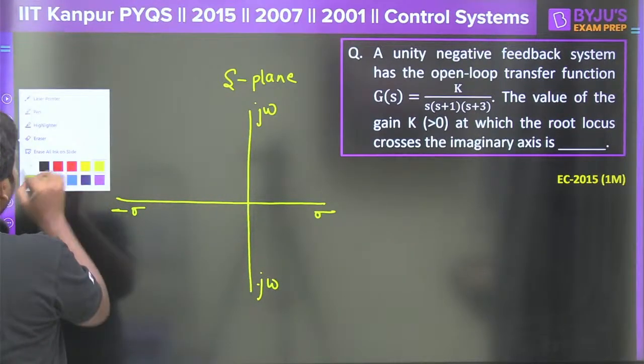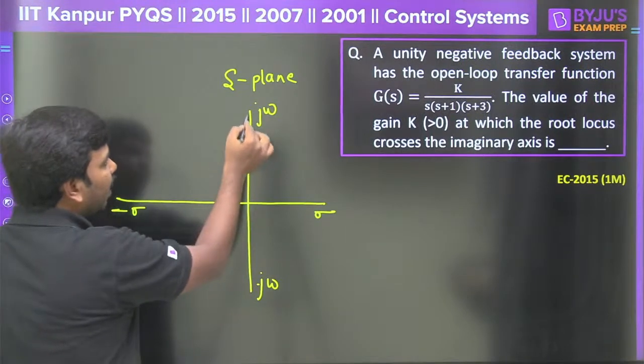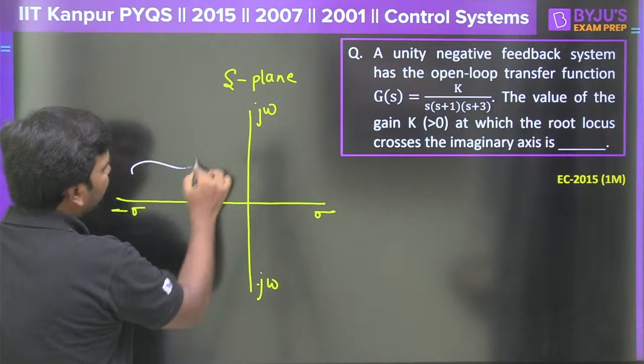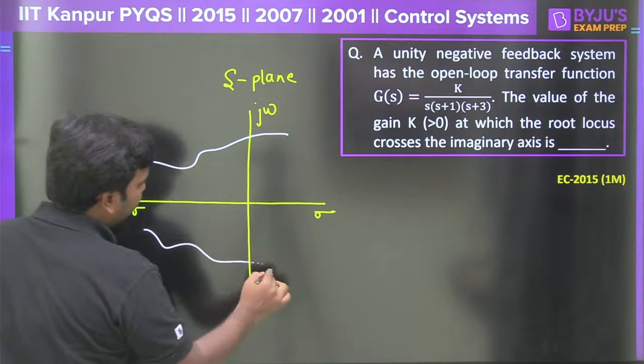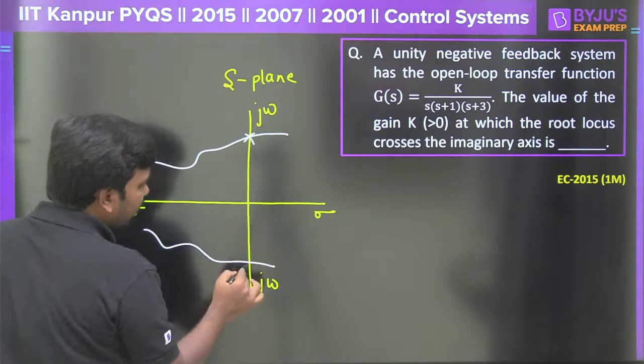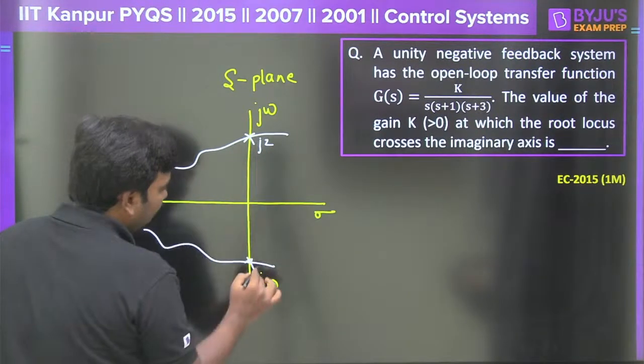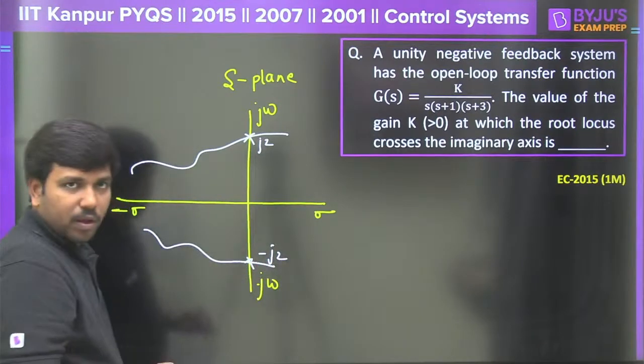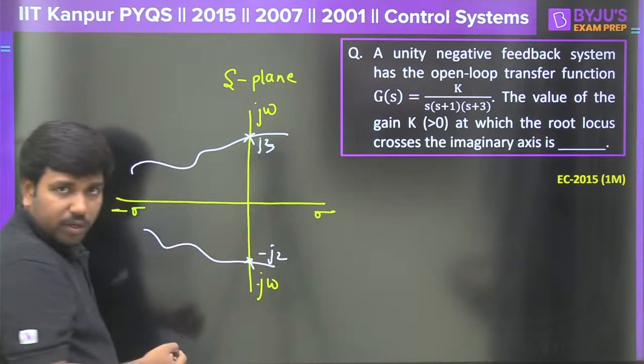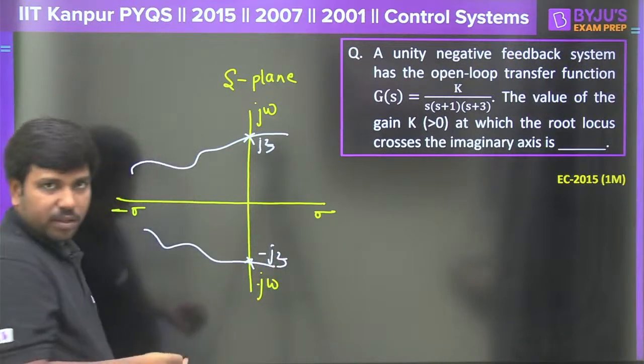Now if the root locus may go anyway, but if it touches like this, that means if it is touching the j omega axis, it might be j into 2 and minus j into 2, or it might be j into 3 and minus j into 3.